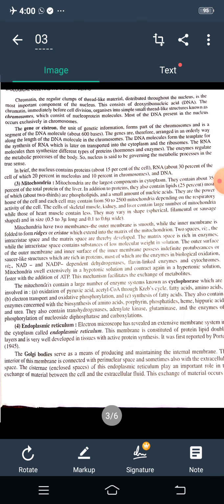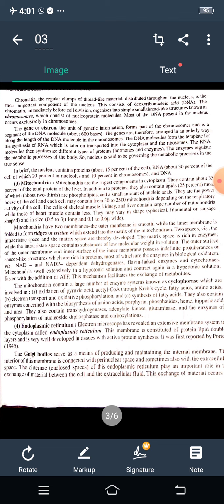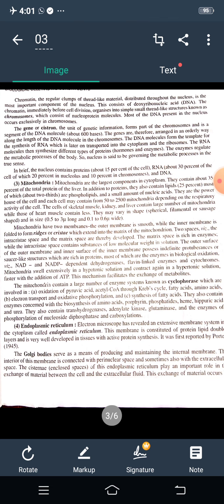Then fourth, endoplasmic reticulum. Electron microscopes have revealed an extensive membrane system in the cytoplasm called endoplasmic reticulum. This membrane is constituted of a protein-lipid double layer and is very developed in tissues with active protein synthesis.